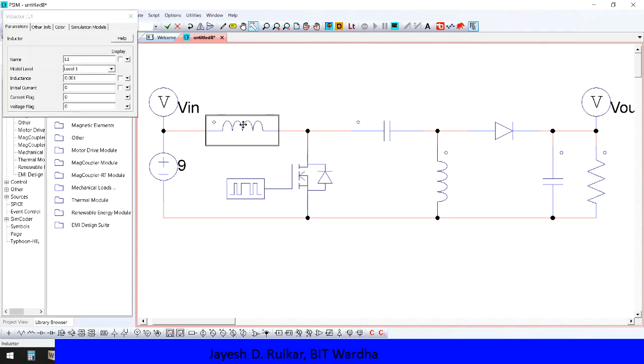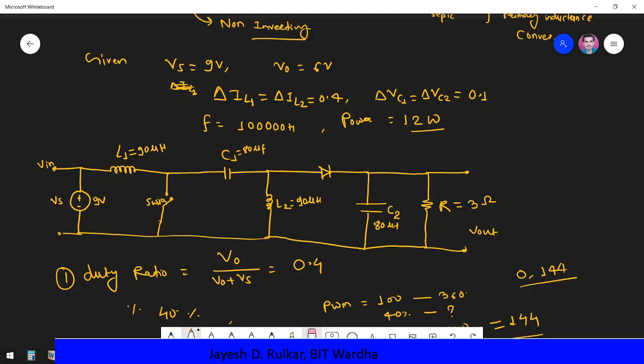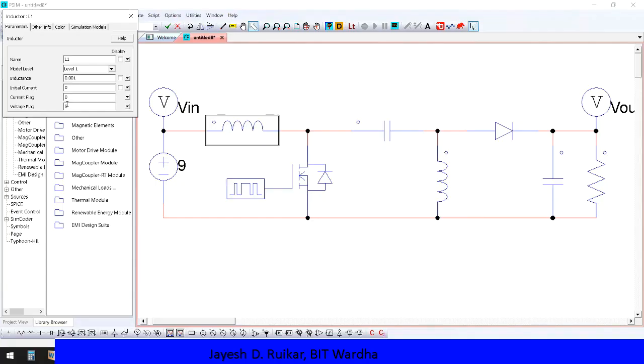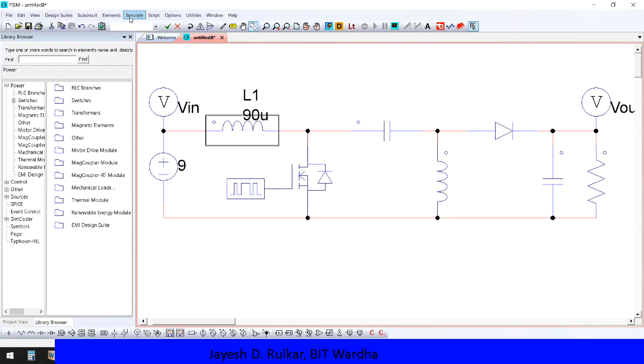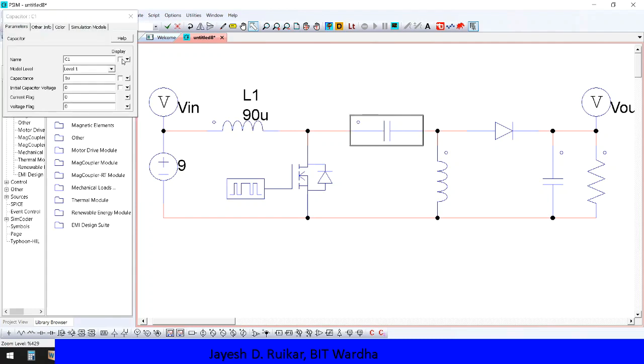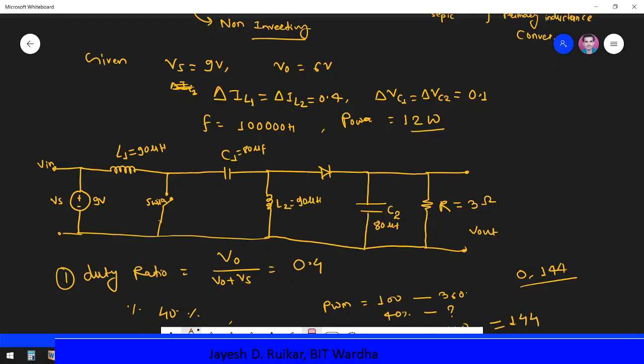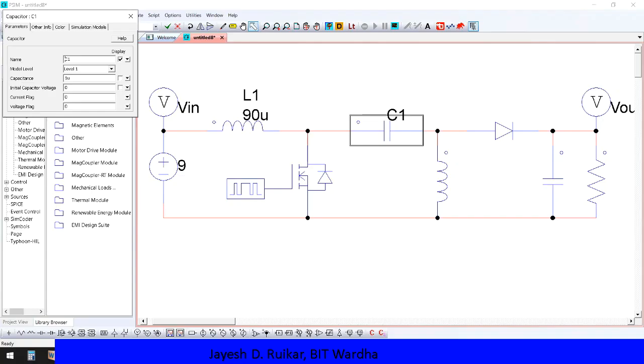Then the value of inductor is 90 micro. So 90, and then you can put U, that means micro. And this is your L1. You can name it as L1 also. And this is your C1, and the capacitor value C1 is 80 micro.